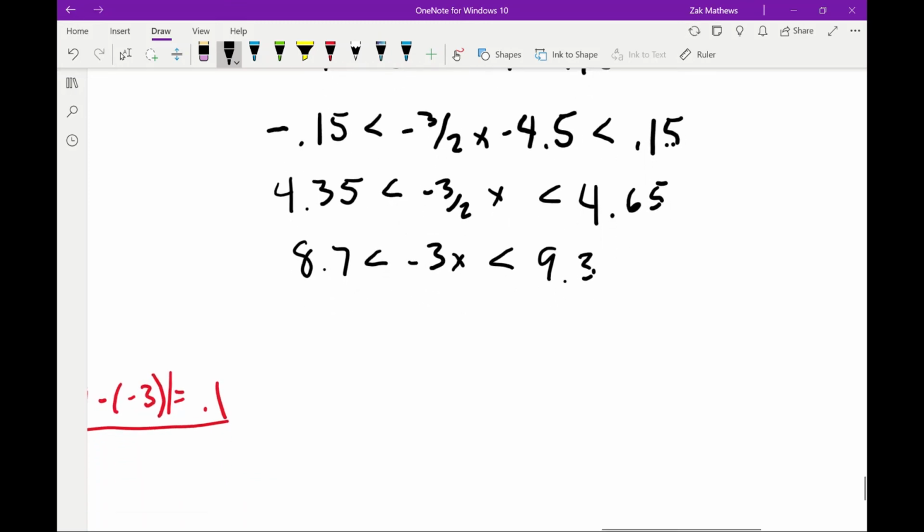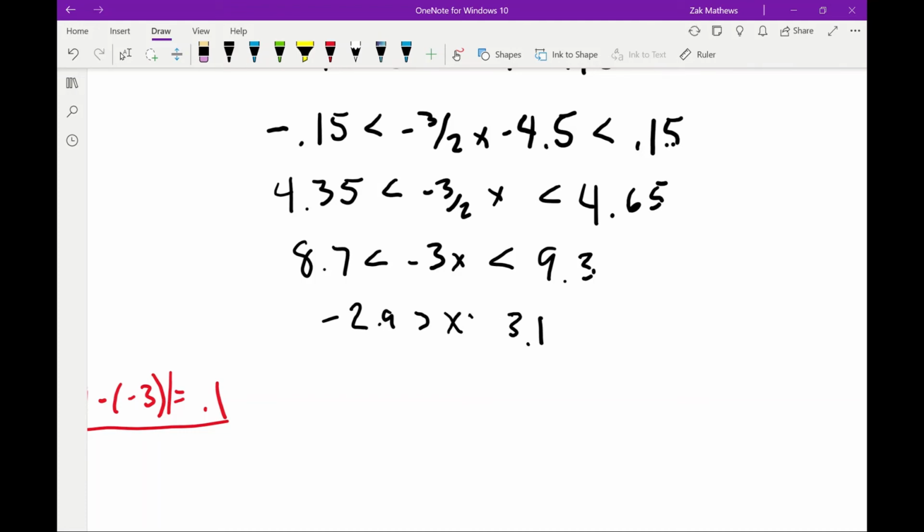I need to get rid of the -3, so I'm going to divide by it, but remember that's also going to switch the direction of the inequality, so we'd have -2.9 is greater than x, which is greater than -3.1. We had to remember to switch the inequality there because we're dividing by the negative.